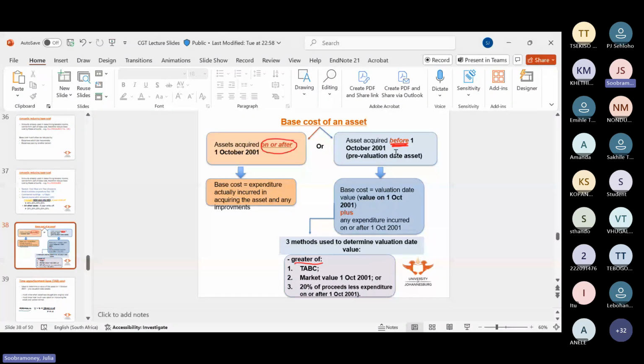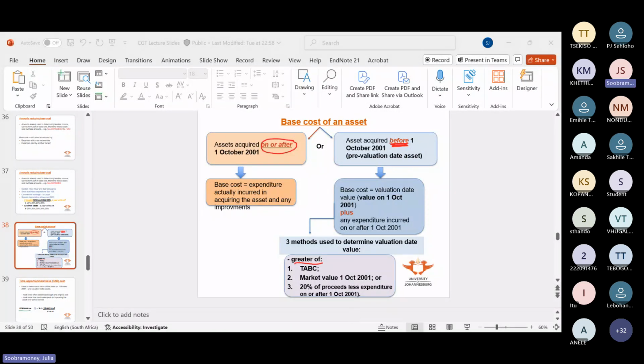Then at the date of sale, you're going to have your new cost price plus any improvements to give me my cost price. Now that you sell it, what is base cost? It's going to be your cost price that you've just determined minus your allowances minus a section 11O if there was. Okay, so that is the process there.